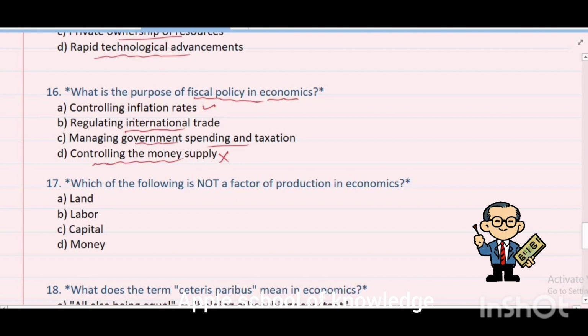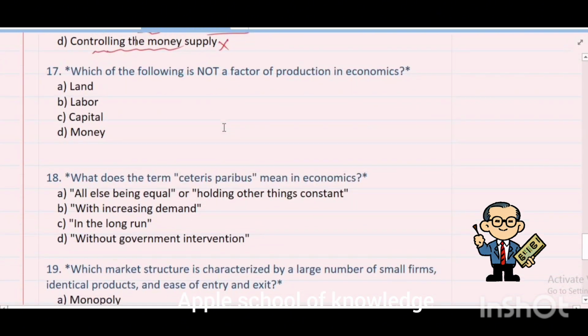Here option C is the correct one. Fiscal policy deals with managing government spending and taxation. So fiscal policy involves government decisions regarding spending and taxation to influence the economy.